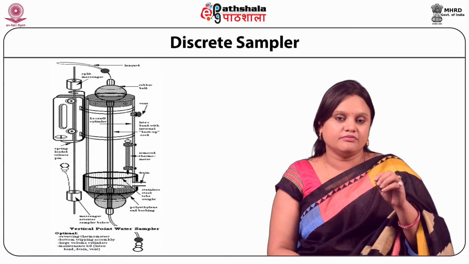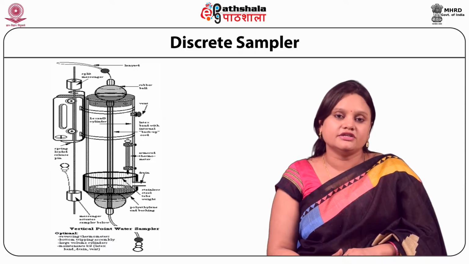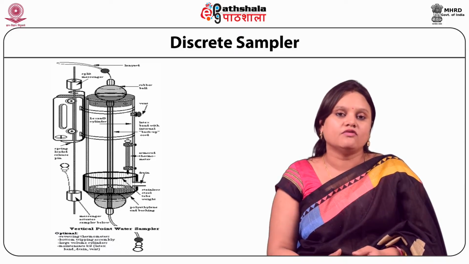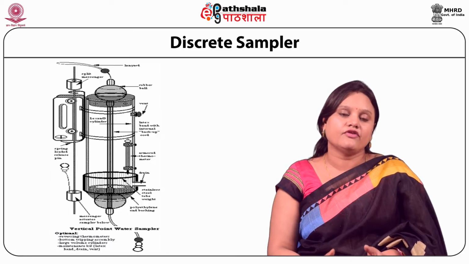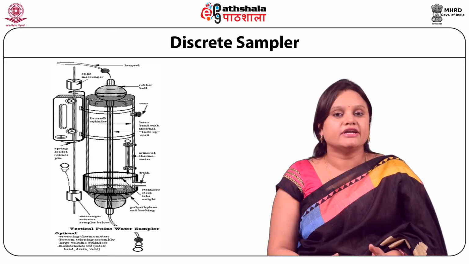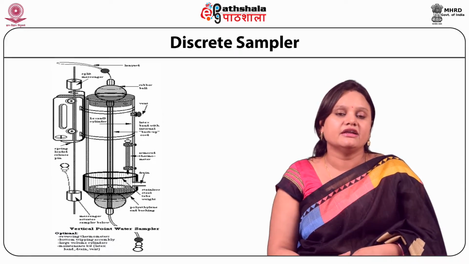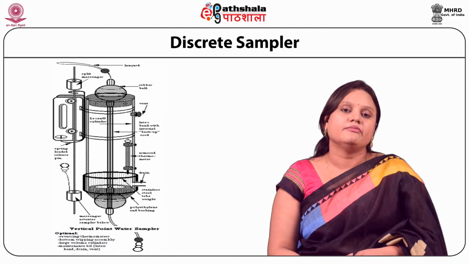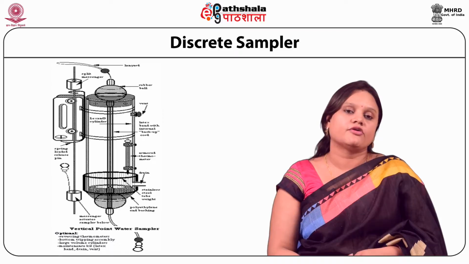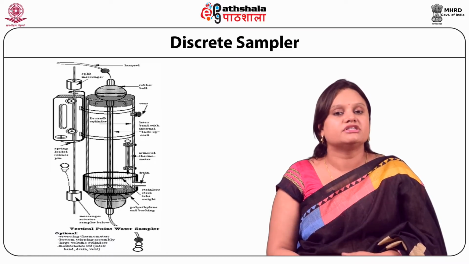As we pull the sampler down into the water body, the lid opens automatically and the water is collected into the container, and as the container fills with water, it automatically closes the lid and we can pull out the sampler by using the mechanically connected rope, so we can get the sample in its original condition.